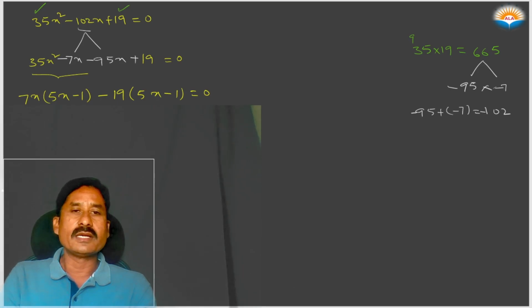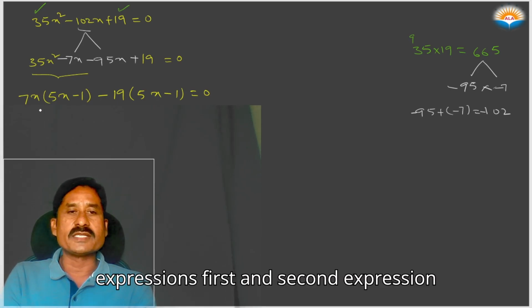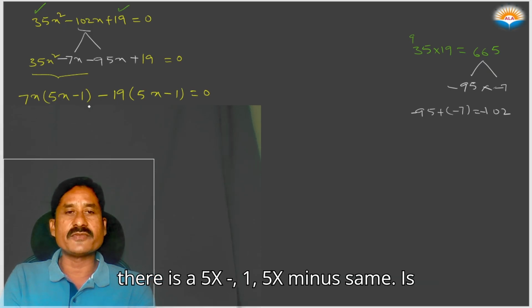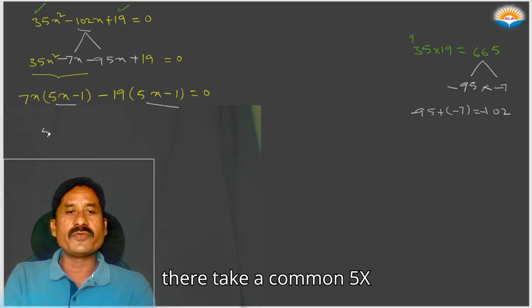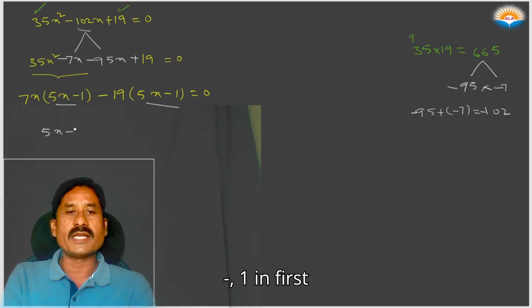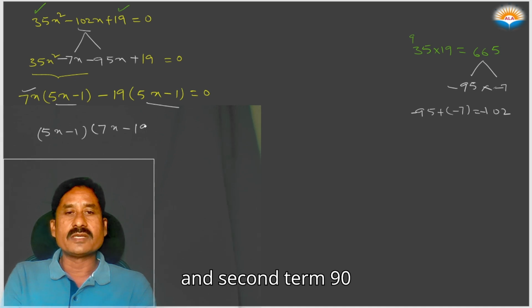In both expressions, first and second, there is a 5x minus 1, the same is there. Take 5x minus 1 common. In the first term remains 7x, and in the second term 19, is equal to 0.